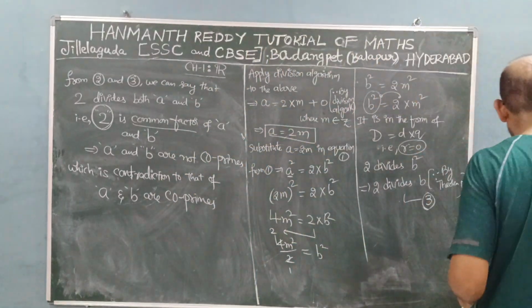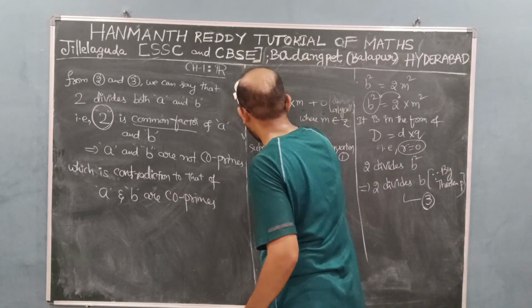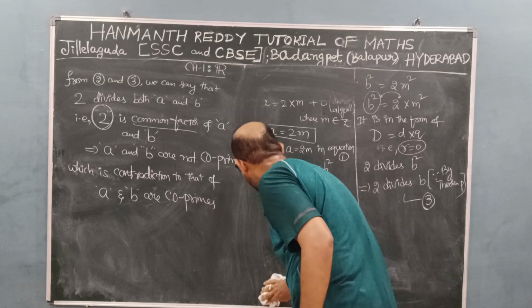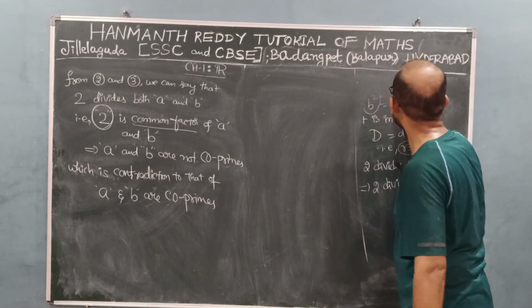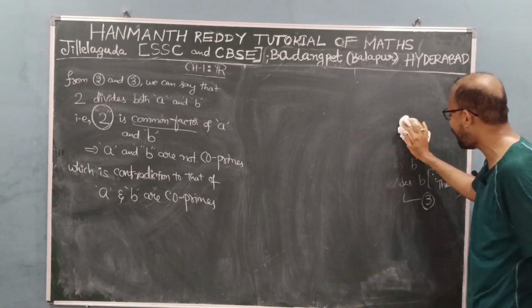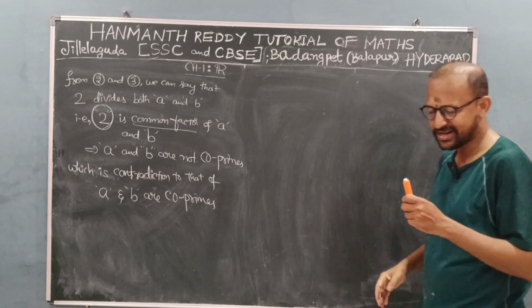So my condition failed. My condition failed. So that's why I can say that our assumption is wrong. Our assumption that root 2 is rational is wrong. Therefore, we can say that root 2 is always irrational.